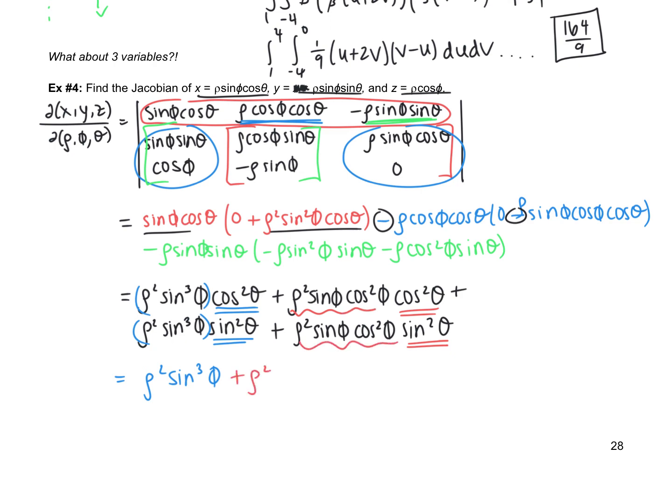So that gives us a rho squared sine of phi cosine squared of phi. Okay, doing some factoring. We can factor out a rho squared and a sine of phi, which leaves us with sine squared of phi, add cosine squared of phi, which is 1. So finally that Jacobian is rho squared sine of phi.